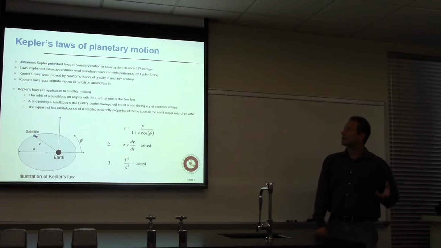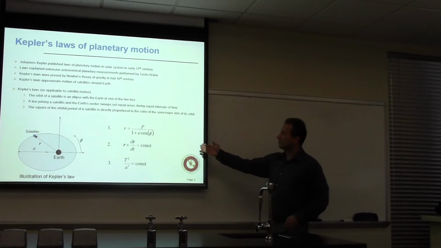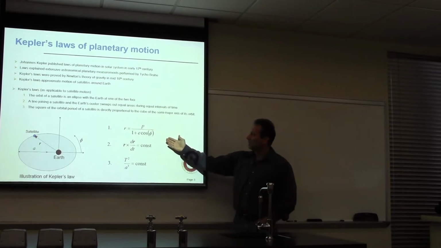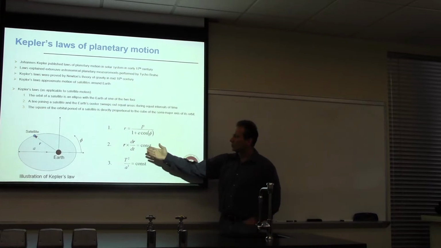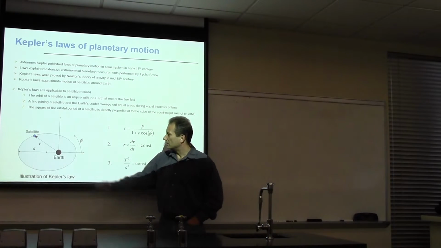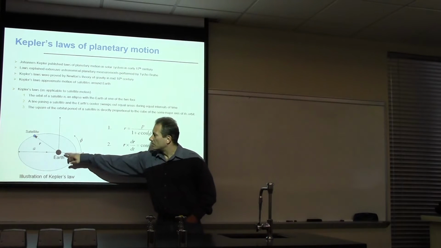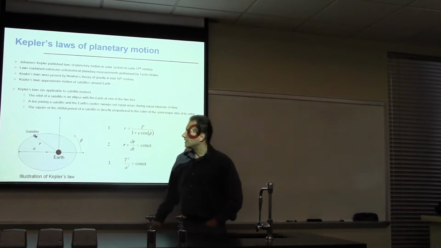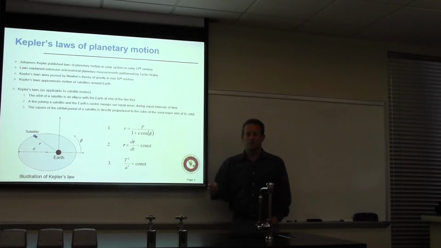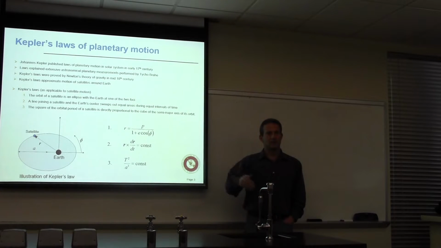Kepler's laws are summarized in three equations here. The first equation is this equation here. This one is in reference to the coordinate system that I have given in these drawings. This is the position of the Earth, and this is where the satellite is. It turns out that the motion of the satellites around the Earth is on an elliptical path.